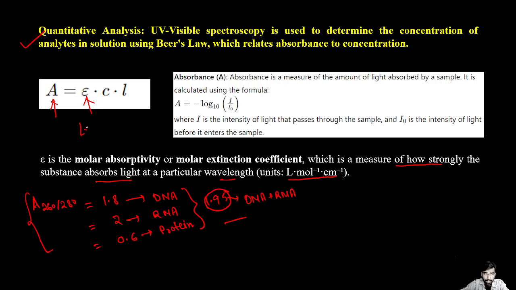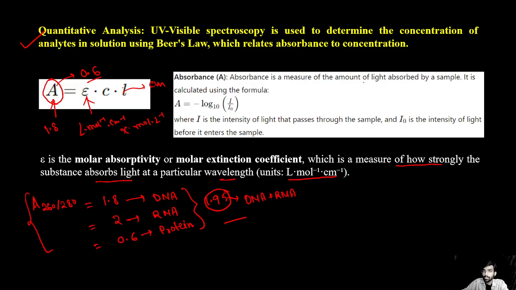And the concentration will be in moles per liter, and then you can get the absorbance. So the length is in centimeters, and that's the mole liter inverse. That's why the absorbance is unitless, right? Suppose you can get an absorbance of 0.6, 1.8, like that.